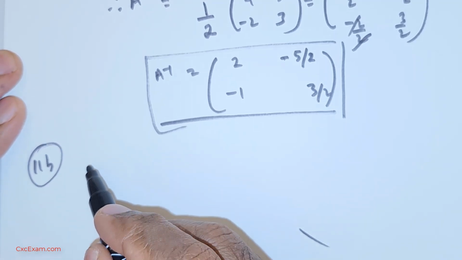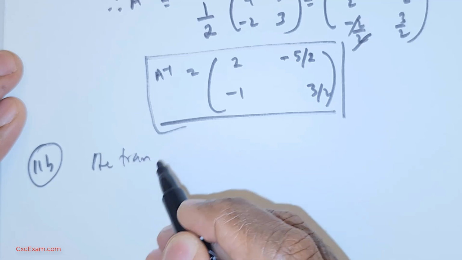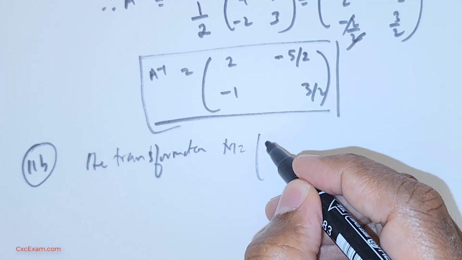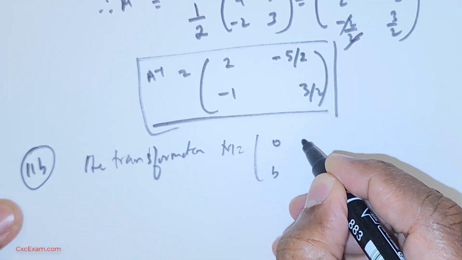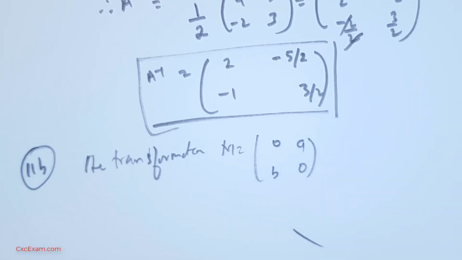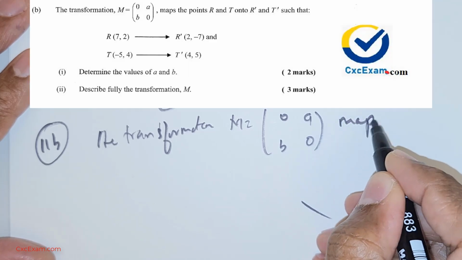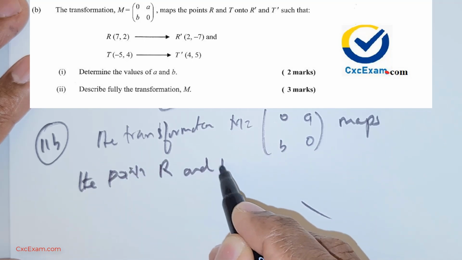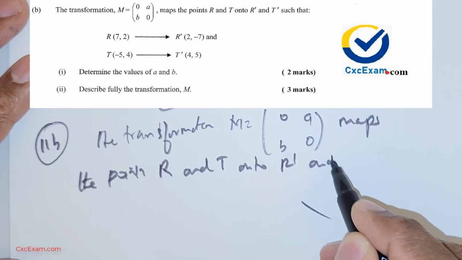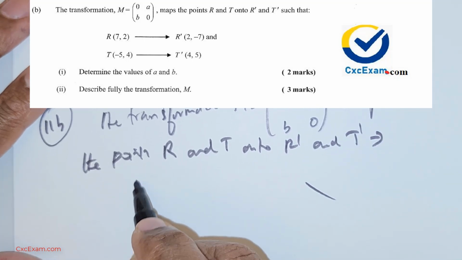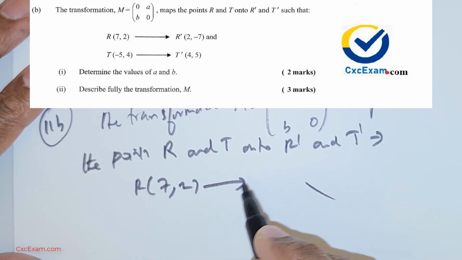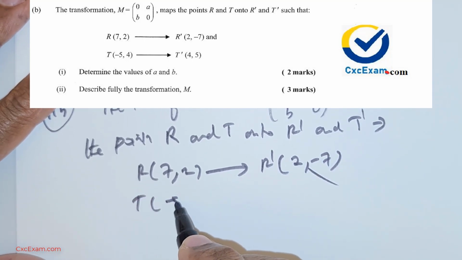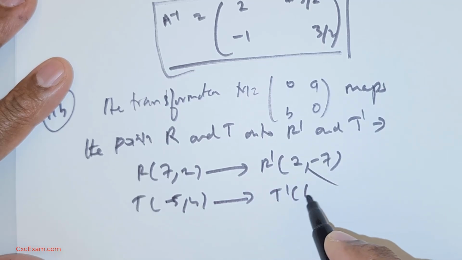Now this is question 11b. It says the transformation M equal to the matrix 0, A, B, 0 maps the points R and T onto R dash and T dash such that R of 7, 2 becomes R dash of 2, negative 7, and T of negative 5, 4 becomes T dash of 4, 5.